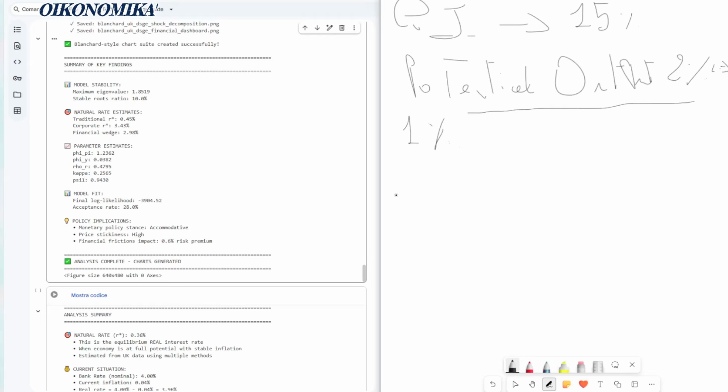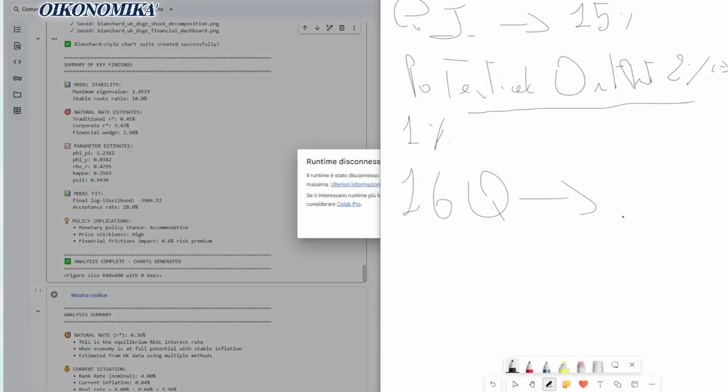So all the capital inflows that the UK enjoyed for a long time have been constrained by Brexit. And another important factor to evaluate is that the Brexit effect on the economy has propagated 16 quarters after 2020.